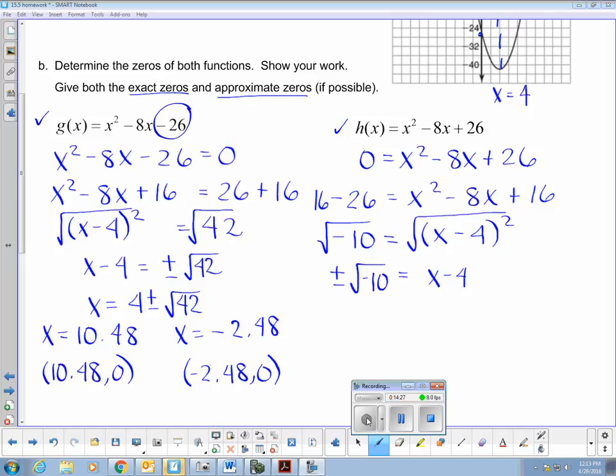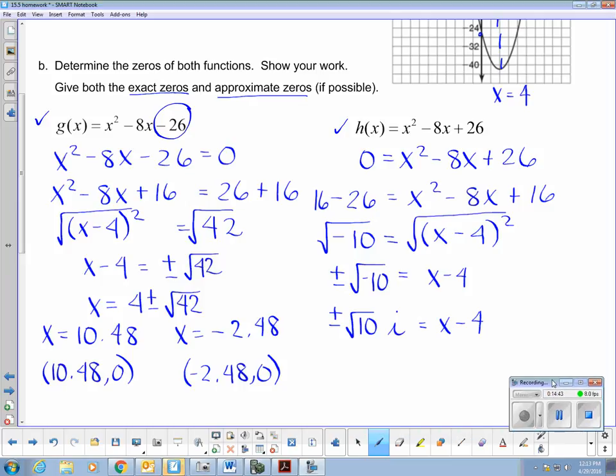So here's another imaginary solution. And to simplify this, I'm going to write this as plus or minus square root of 10 times i. And then I'm going to add 4 to both sides, so I get 4 plus or minus, and we usually write it as i radical 10.